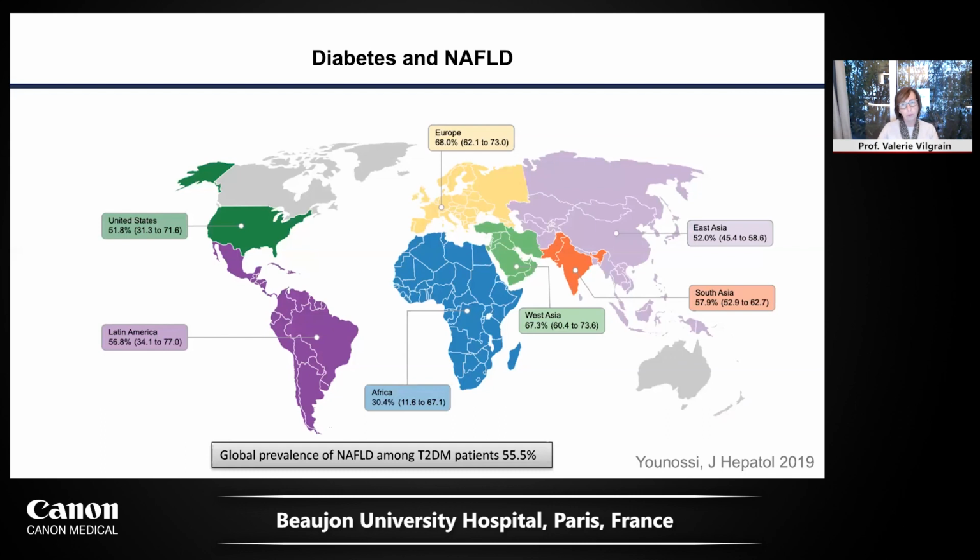Why is it so important? Because we have more and more patients with NAFLD, and this comes from a very important article showing the global prevalence of NAFLD among type 2 diabetes patients, and it's more than 50%.